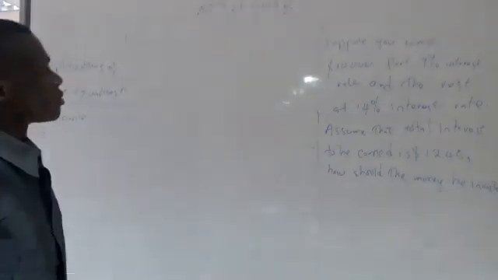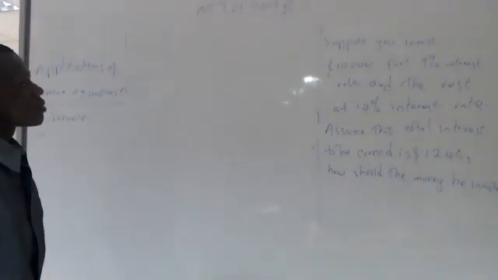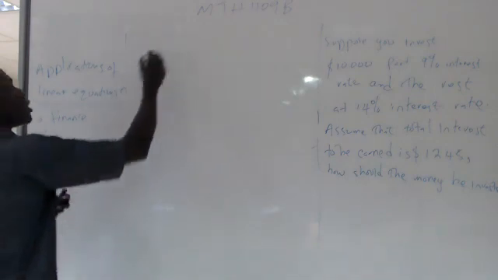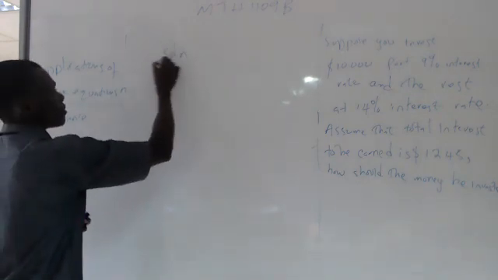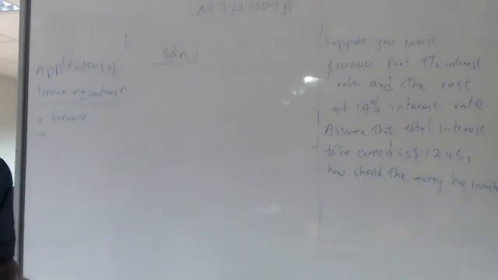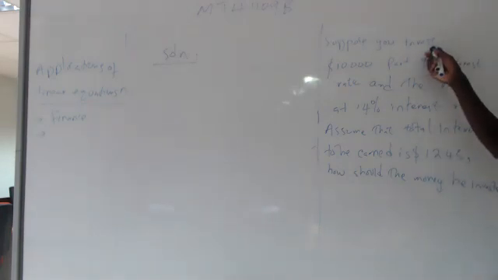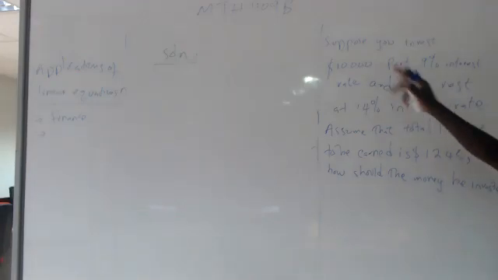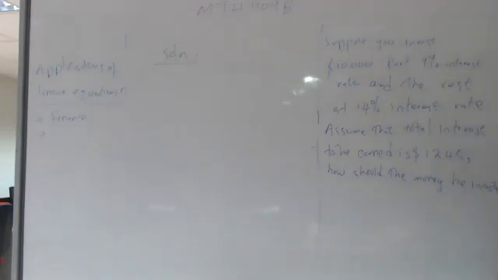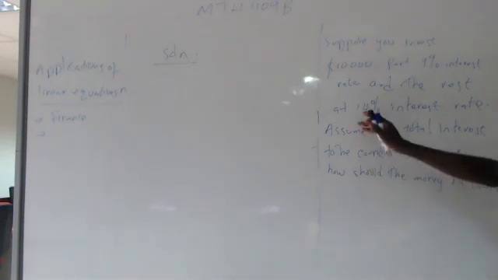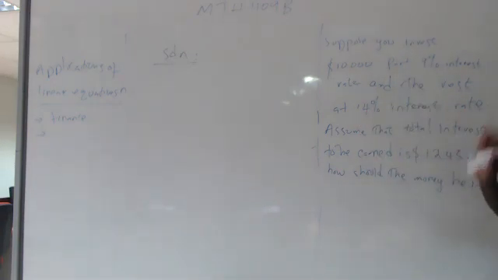Okay. Any idea? Can I get suggestions from you on how to approach this kind of problem? Of course, this 9% means 9% of what is invested. So if you invest, let's say, 10,000, the interest is 9% of 10,000. And if you invest here, let's say 5,000, the interest is 14% of 5,000.